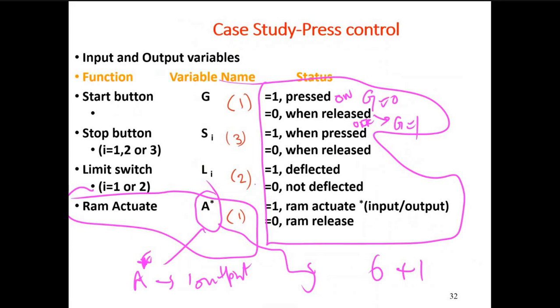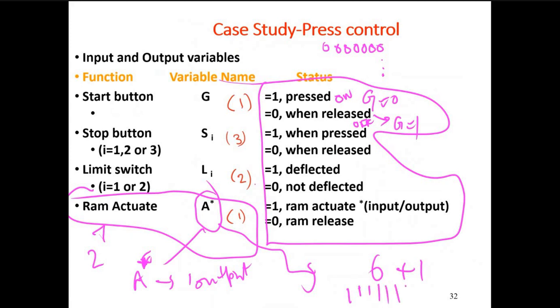How many inputs were there in this console log? 3. 2 power 3, 8 rows. Now you're going to have 2 power 7. That means your truth table starts with seven zeros, building all the way to 1, 1, 1, 1, 1, 1, 1.